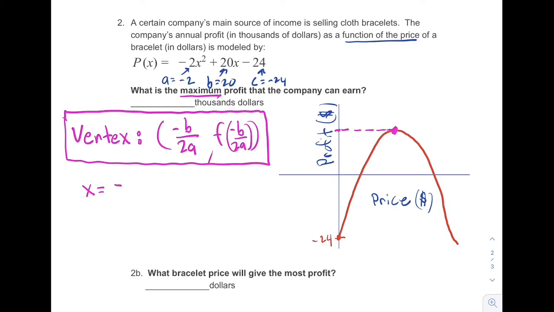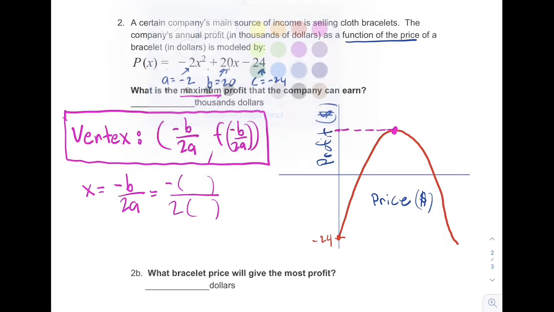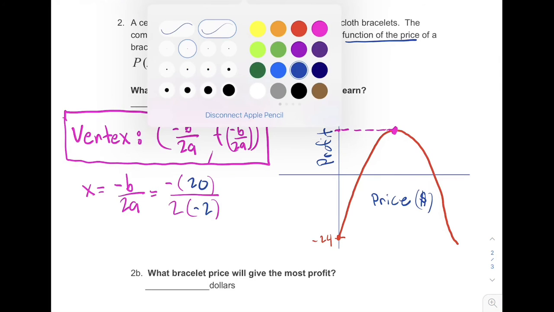So for this situation, we're going to find x equals negative b over 2a. We use our b, which is 20, right? So negative 20 over 2 times a. Right, so our b is 20, our a is negative 2.